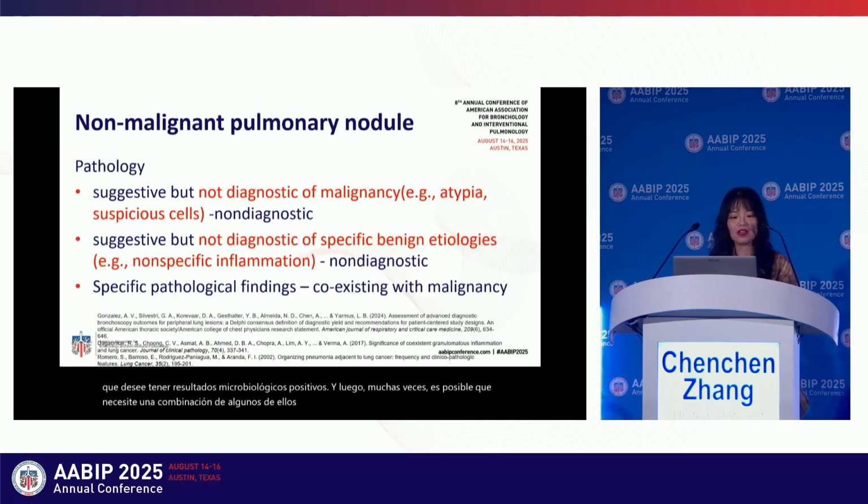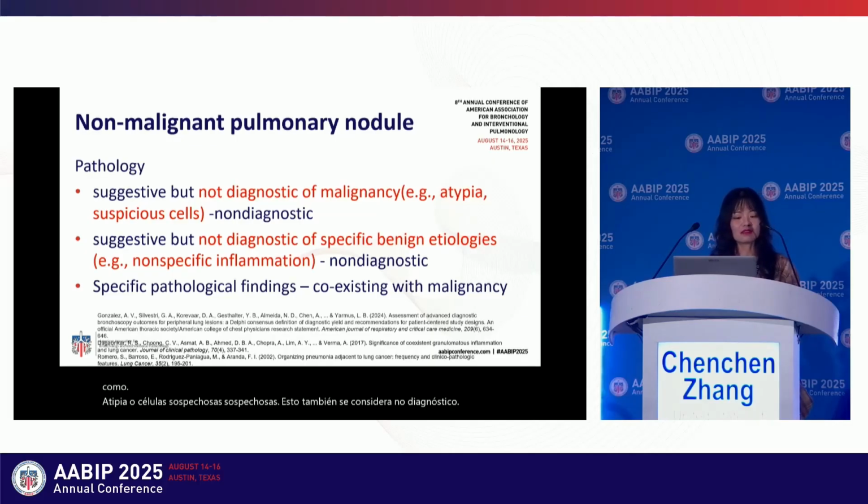In terms of pathology, it's suggestive but not diagnostic of malignancy when you see something like atypia or suspicious cells. This is also considered non-diagnostic. It is also suggestive but not diagnostic of some specific benign pathology such as non-specific inflammation.